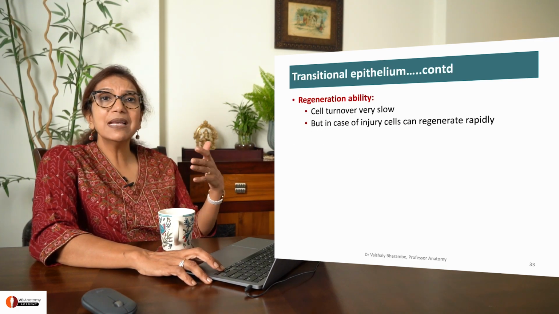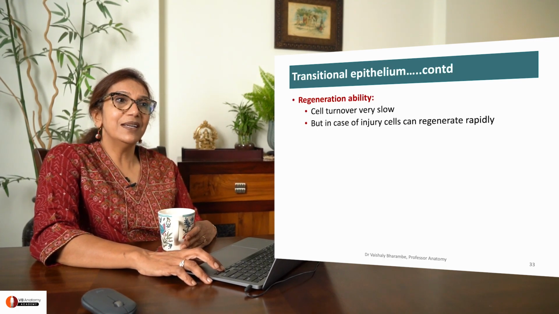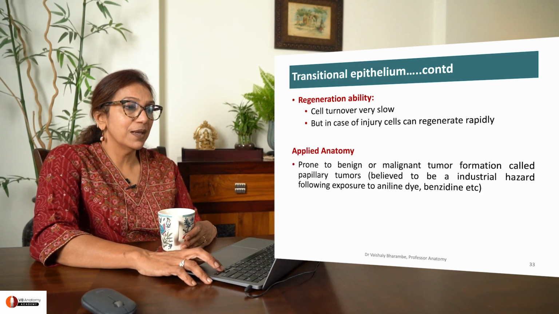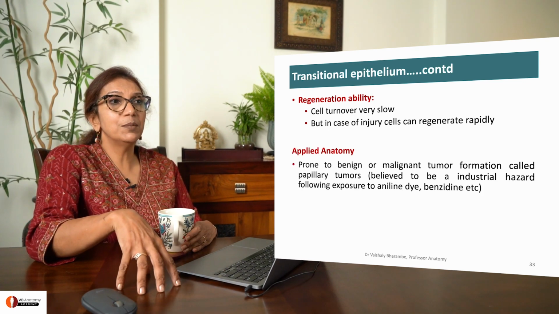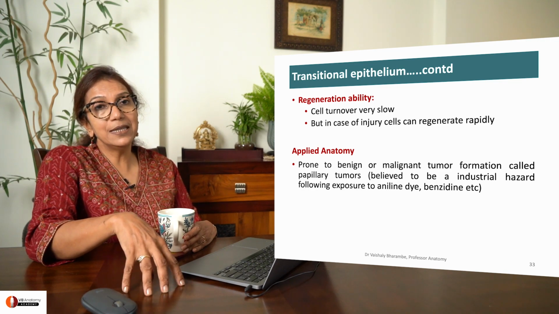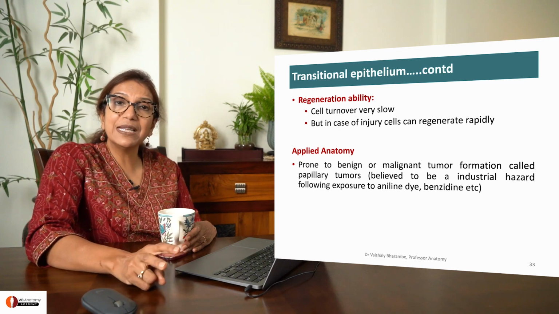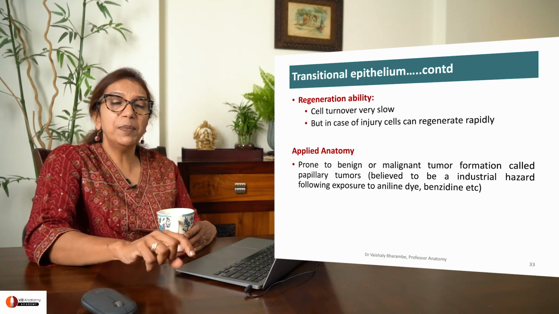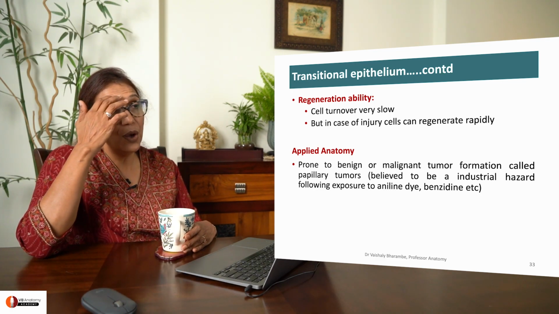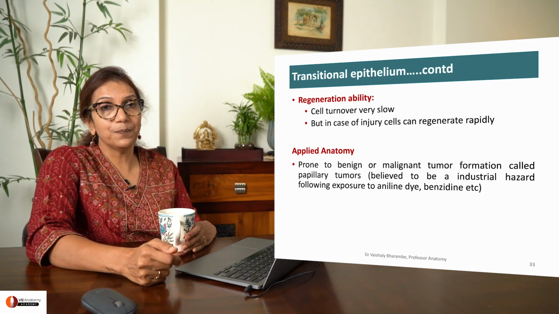Transitional epithelium does have the ability to regenerate, but it's a slow regeneration. Remember, this is an epithelium that tends to undergo malignancy in the form of papillary tumors. This is associated with the aniline dye industry, typically found in this industry, or exposure to benzidine.